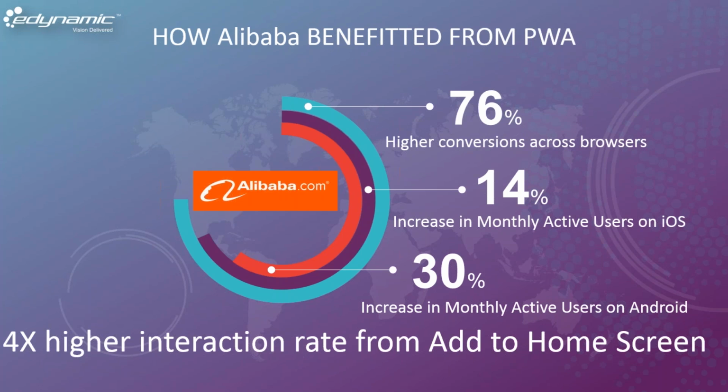Then there was a 14% increase in monthly active users on iOS, and a 30% increase in monthly active users on Android. Besides these benefits, there was a 4 times higher interaction rate from ad to home screen. So the Alibaba app definitely had a high number of users, but when they introduced their PWAs, these are the stats that they got.